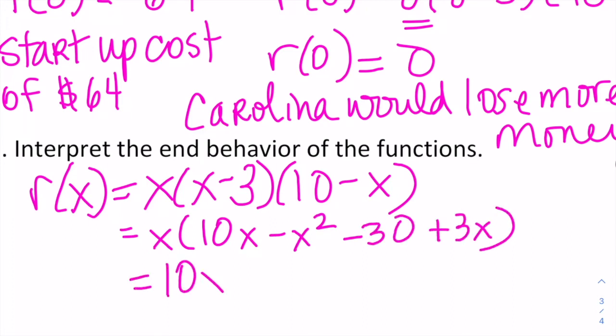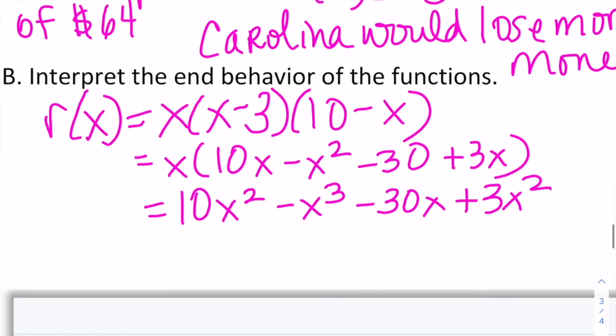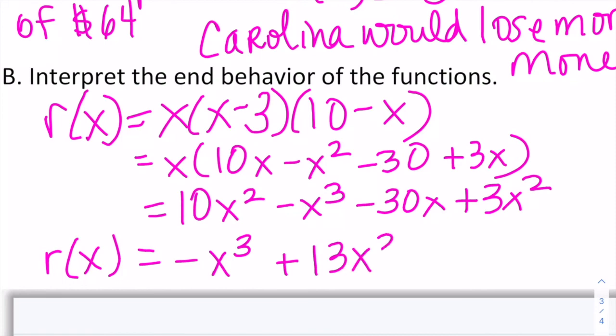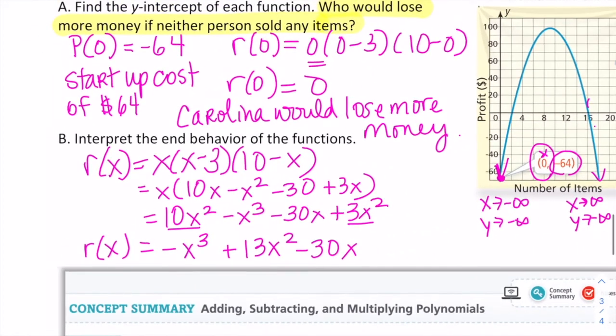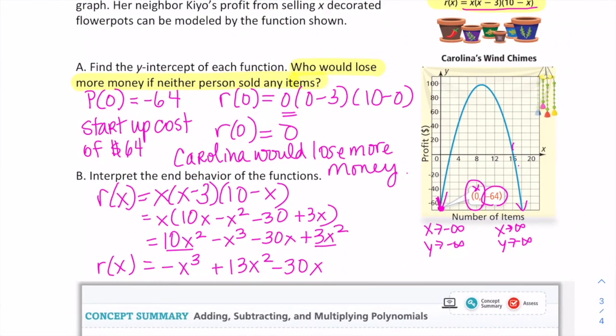So we have 10x squared minus x cubed minus 30x plus 3x squared. And let me write this into standard form. So we have negative x cubed plus 13x squared. We have 2 like terms here, minus 30x. This will be for Q's flower pots.